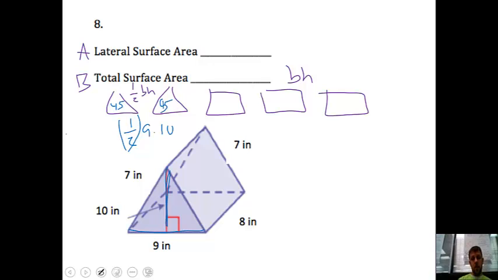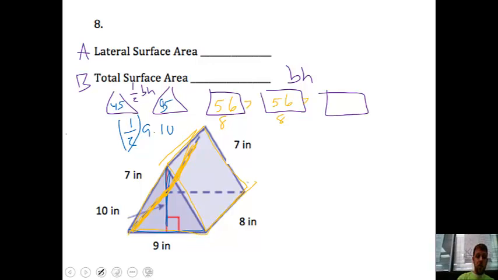Next, I want to find the dimensions of the rectangle, which is 8 and 7, which is 56. The one in the back is also 8 and 7, which is 56.